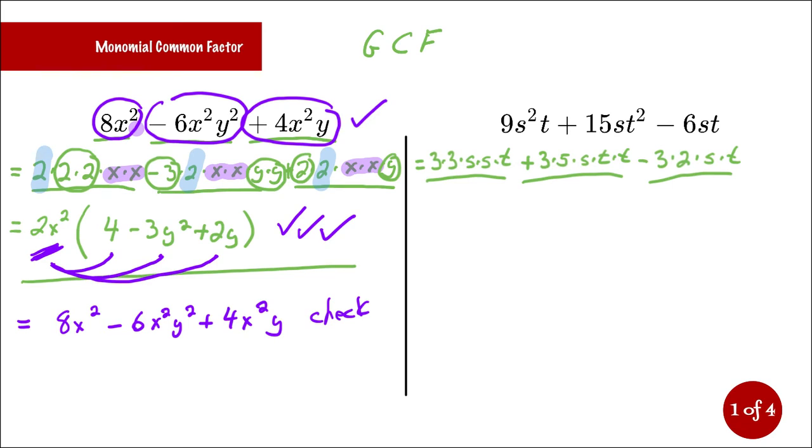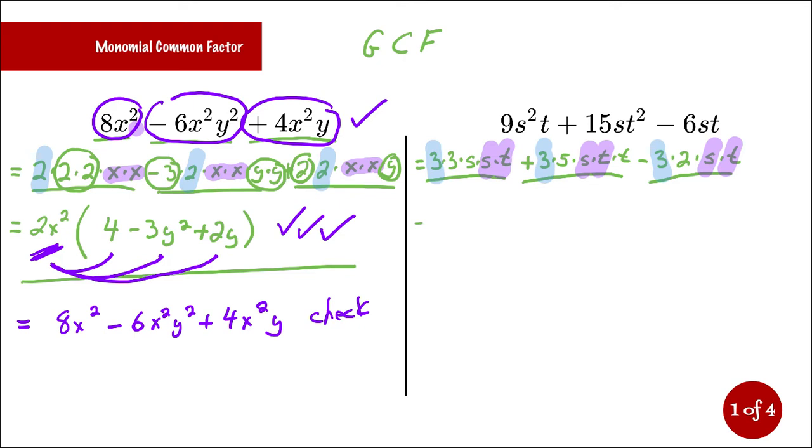Using the same technique, let's look at the numbers first. You can see that there's a 3 that's common to each of the terms. And you can see that you've got a t and an s that's common to each of the 3 terms. I'm going a little bit faster now.